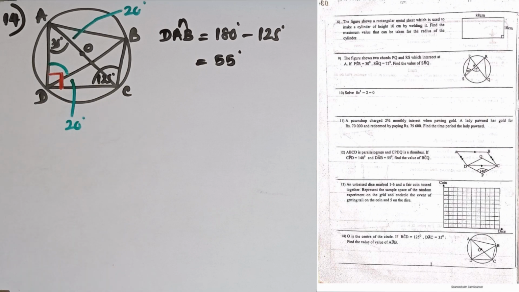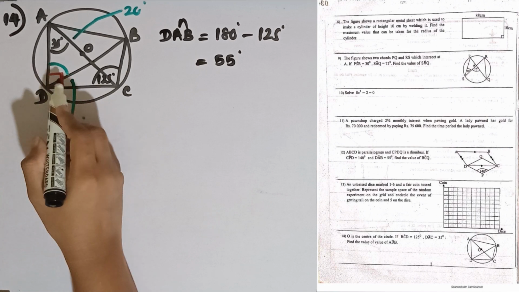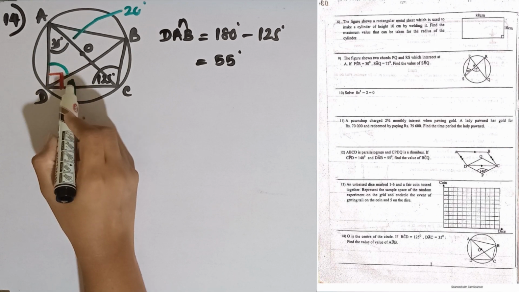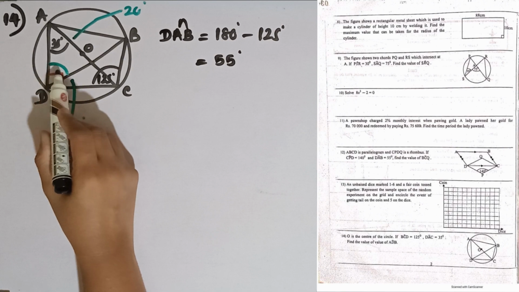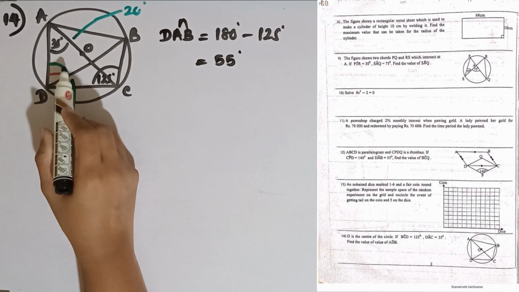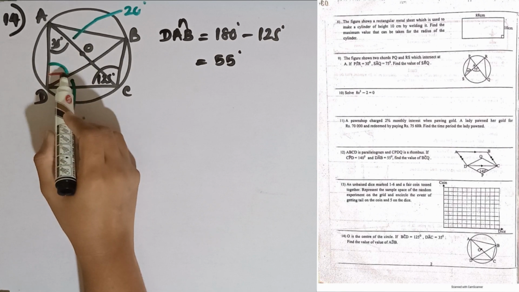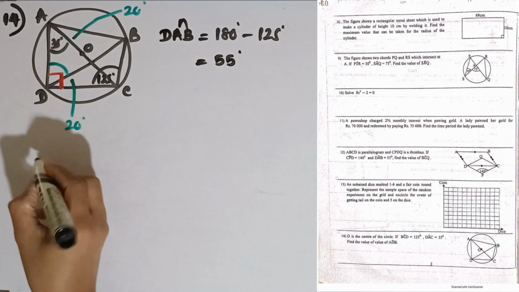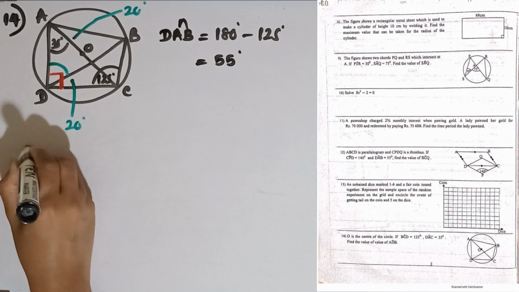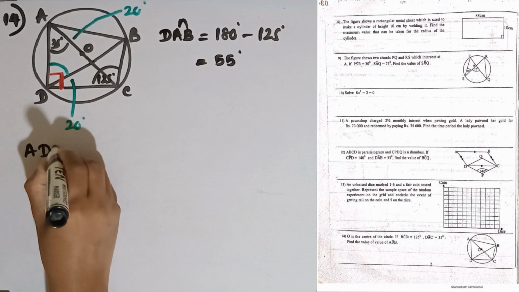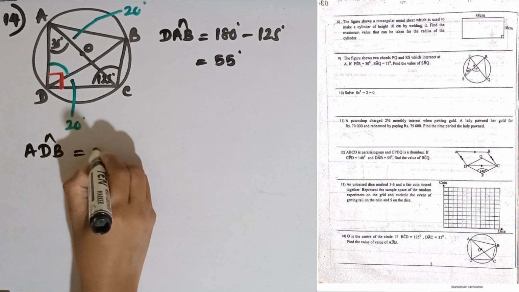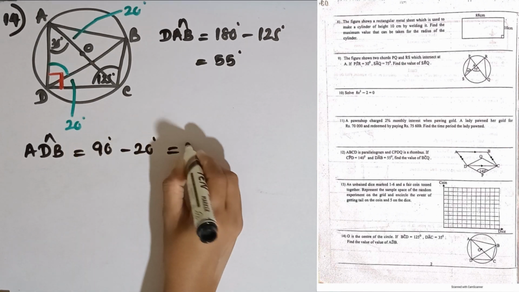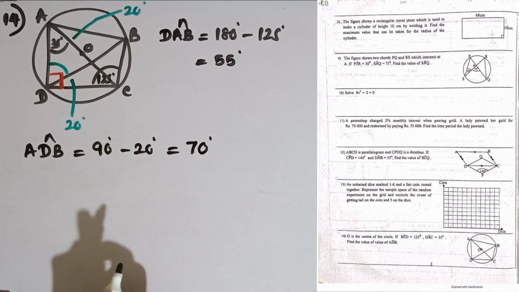So if the total angle is 90 degrees, and this is 20, then we can find the magnitude of this ADB angle easily. ADB angle equals 90 minus 20 degrees. 70 degrees is the magnitude.